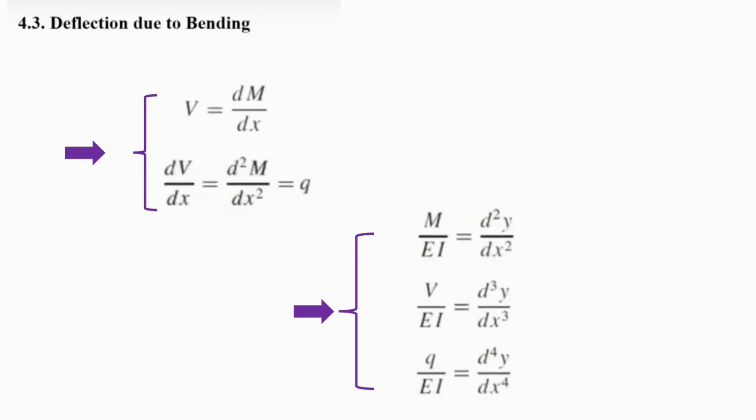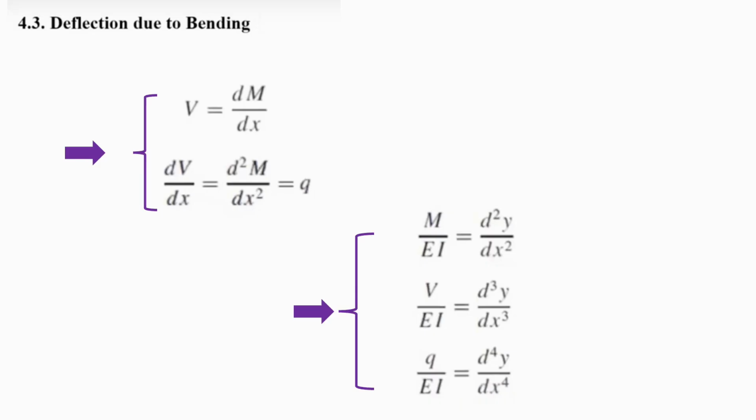since M over EI is equal to the second order derivative of the deflection function with respect to x, V over EI would be equal to the third order derivative of deflection with respect to x, because, please pay attention to this one, the shear force function is the first order derivative of the bending moment function with respect to x. So we combine them together.